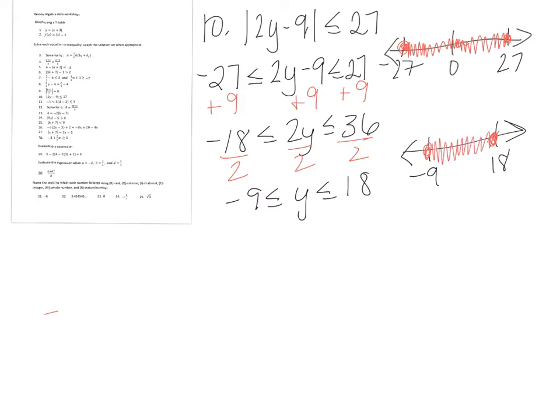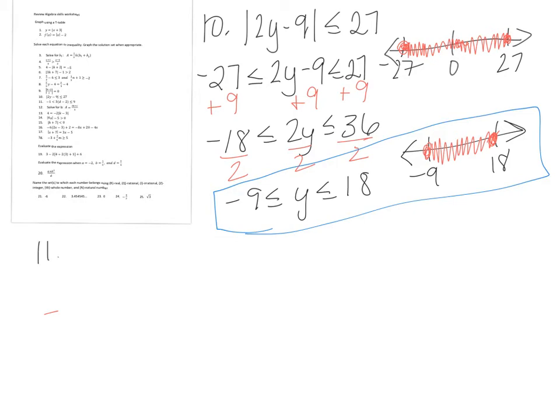This top number line is what 2y minus 9 can equal, anything in this range, and then when we get our final answer, that is what the y actually can be. Anything between negative 9 and 18 will make this original equation true.